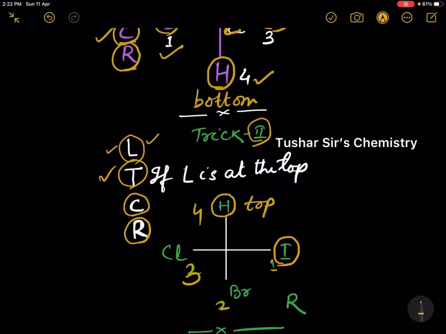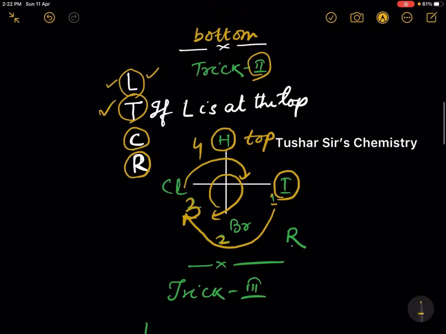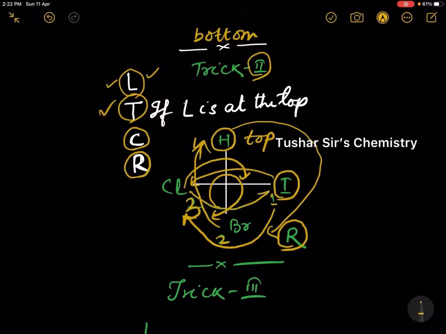Here the rotation from I to Cl is in clockwise direction. So it should have R configuration. Here we have not brought this H group to the bottom and bromine to the top and I to this side and Cl to this side. Without rotating, we can find the configuration of this compound as R from this trick LTCR.